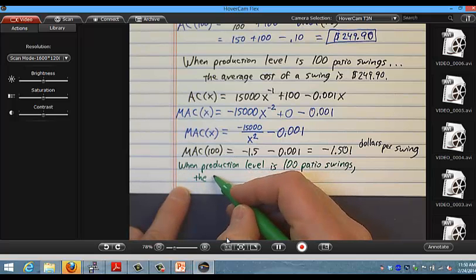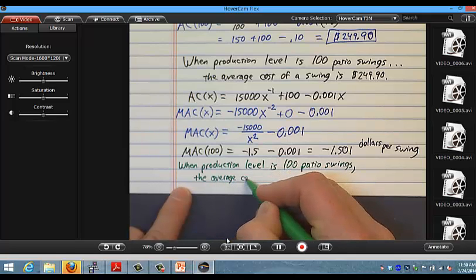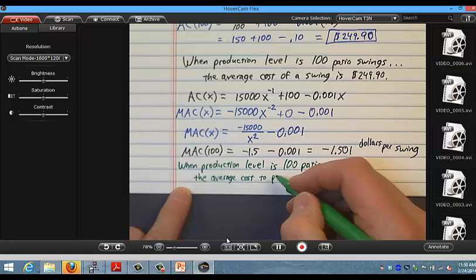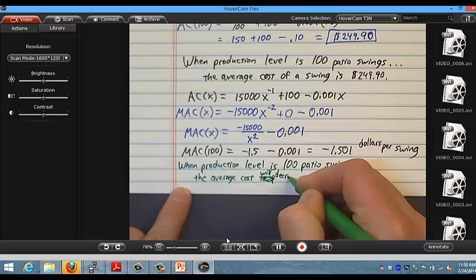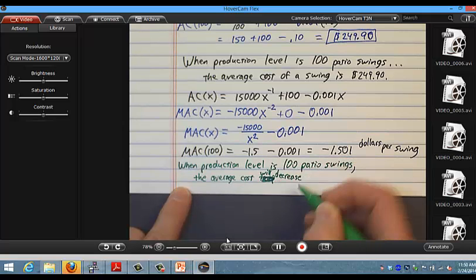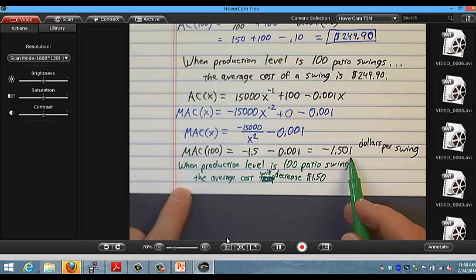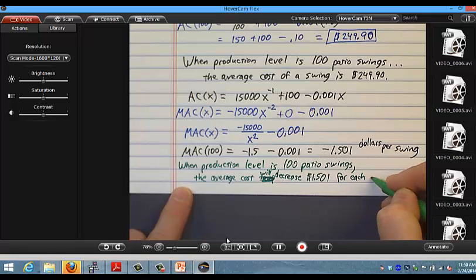Cost to produce one more. Yeah, the average, okay, so the average cost, how about I'll say this, the average cost will decrease $1.50. I'm going to forget about that tenth of a cent, if that's okay with you guys. For each additional swing produced.